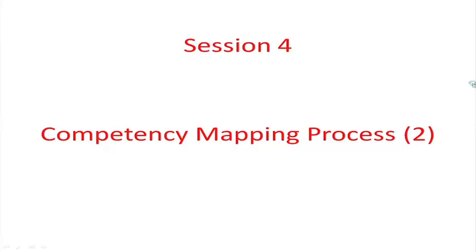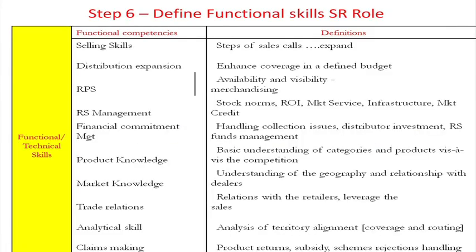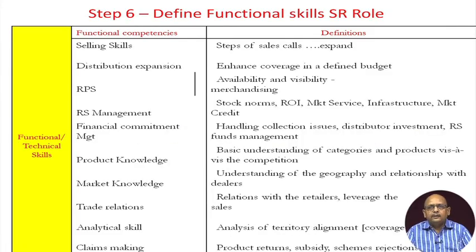Once we have identified these things, these are the different roles and this is the proficiency level that is required. Then we move to the next stage of discussion, that is identifying the functional skill roles. Here we are going to define the functional and technical skills.